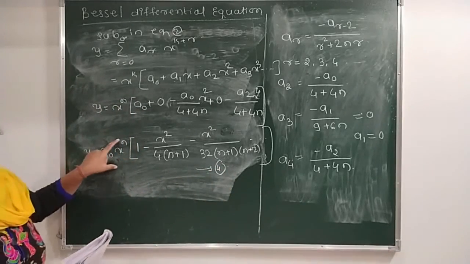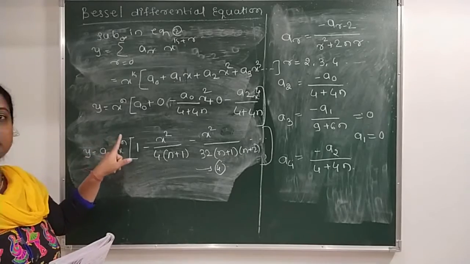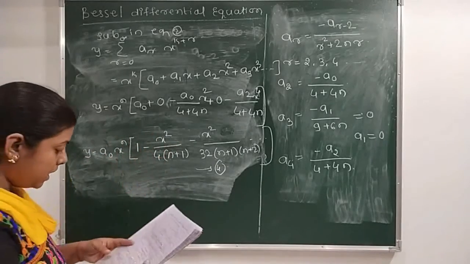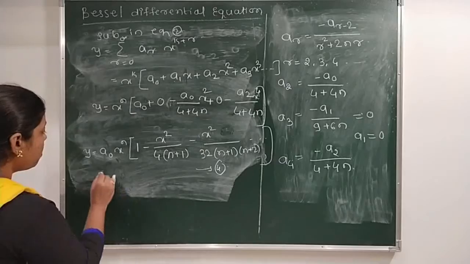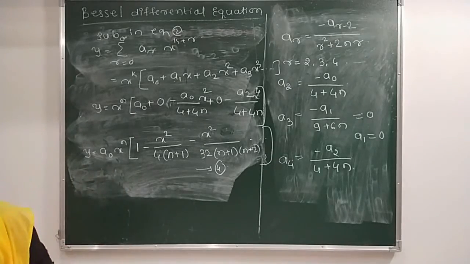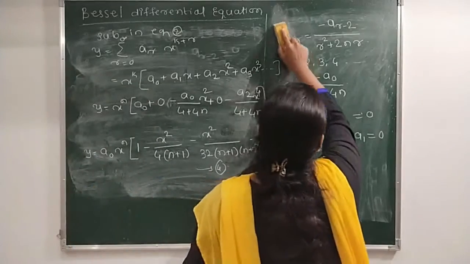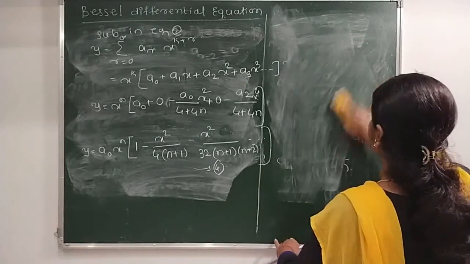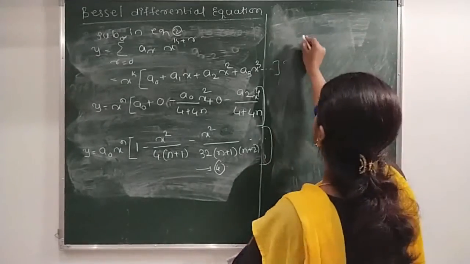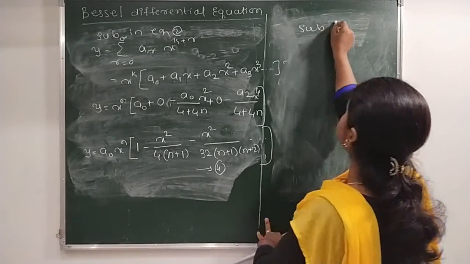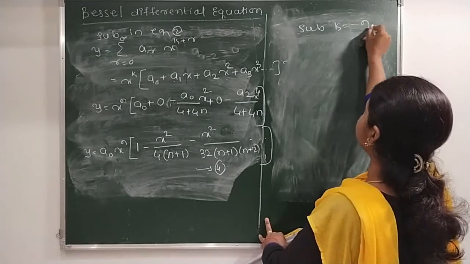Now this is equation number 4. This value we got by applying k is equal to n. Similarly we have to get the value by substituting k is equal to minus n.